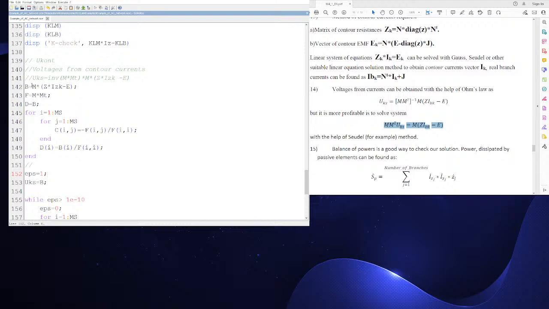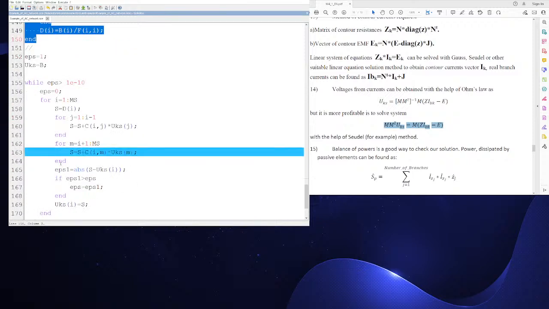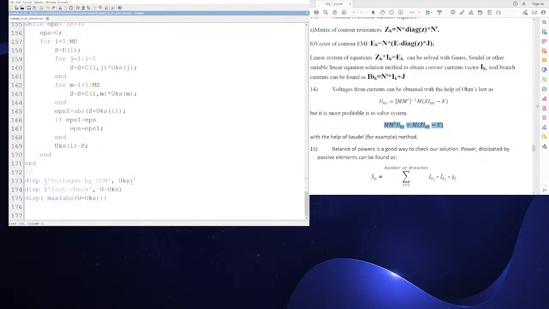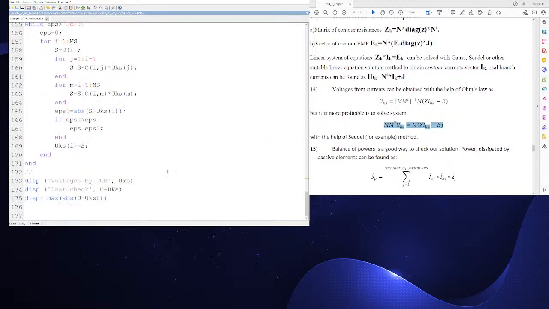This part I also use the Seidel technique to solve an equation system. It's an implementation of the Seidel technique. No problem.